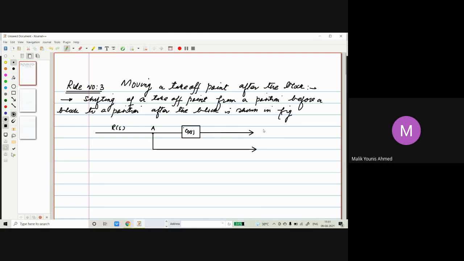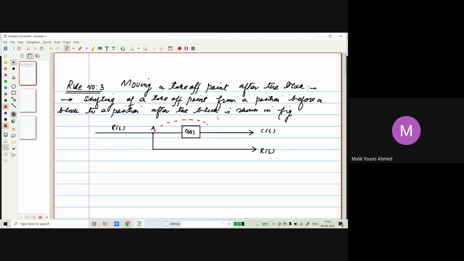This is the output. Now if this is the scenario, and we need to move the takeoff point, it is presently at a position before the block, and we need to move it after the block.